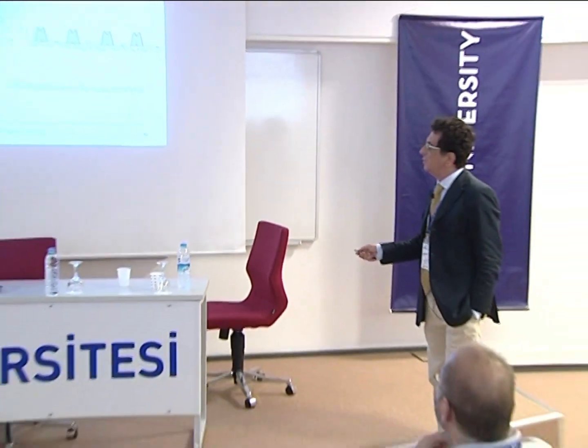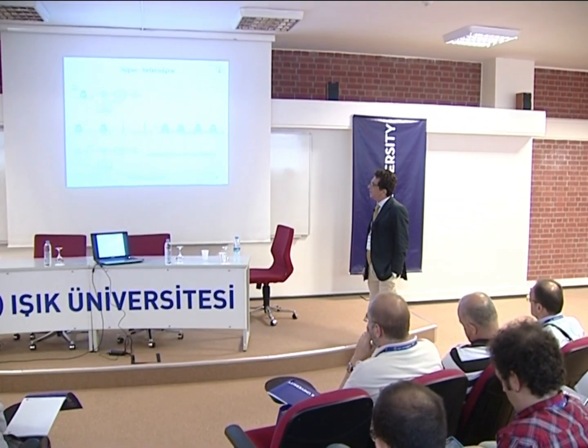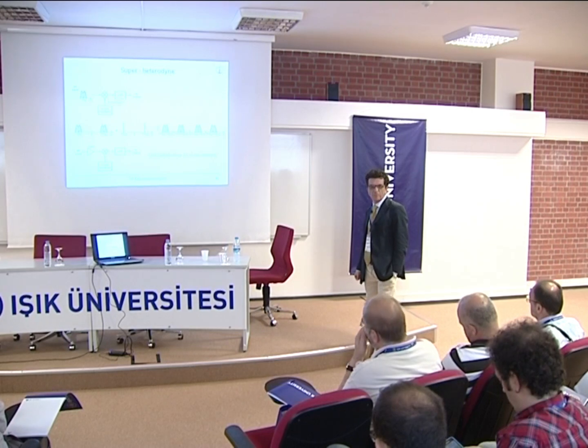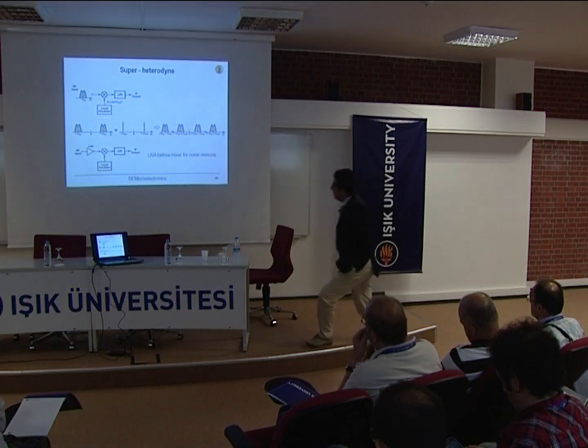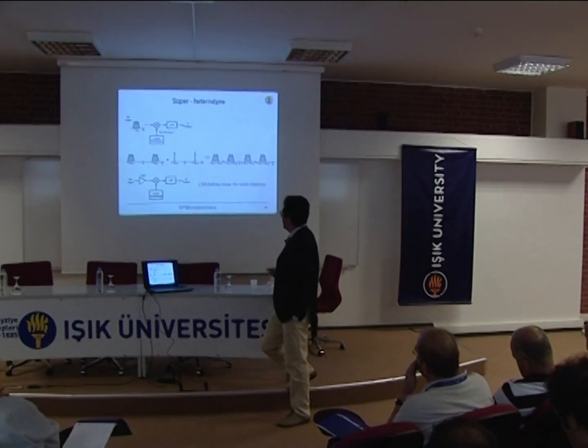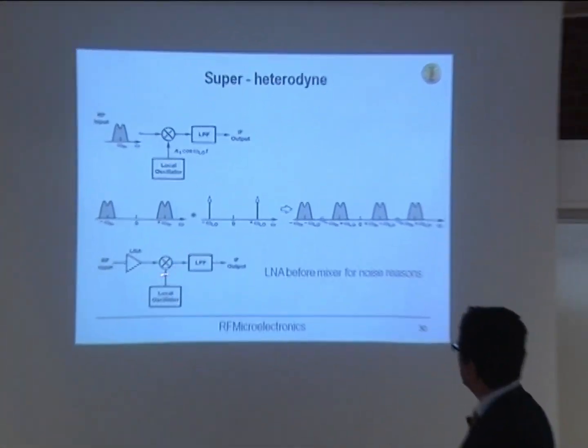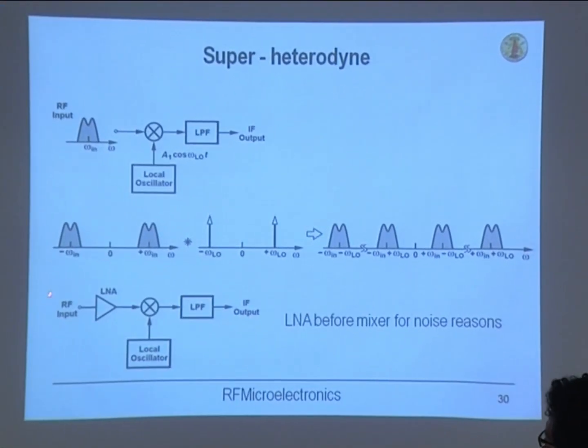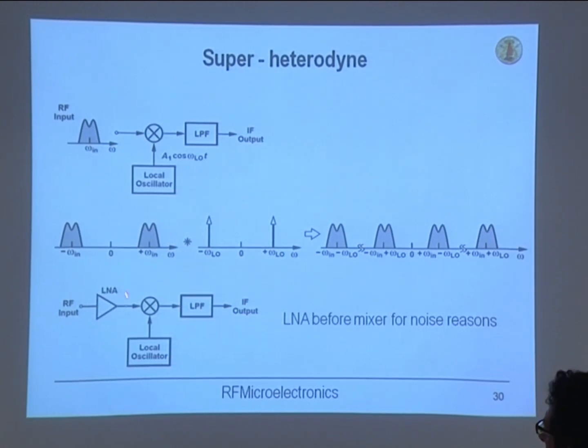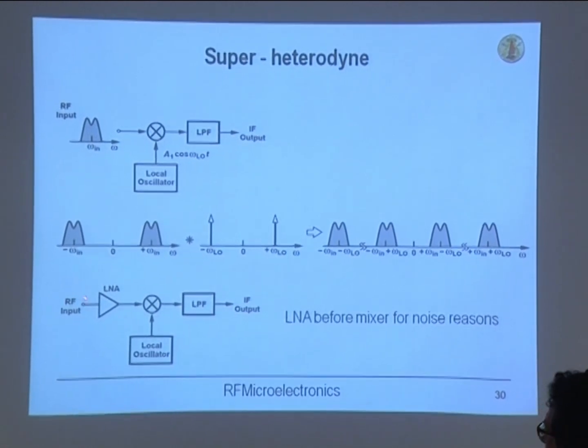So it would never be acceptable, the noise figure coming through an LNA-less commercial product. So this is how the architecture looks like. We'll have an antenna, an output filter, and an LNA for band selection.